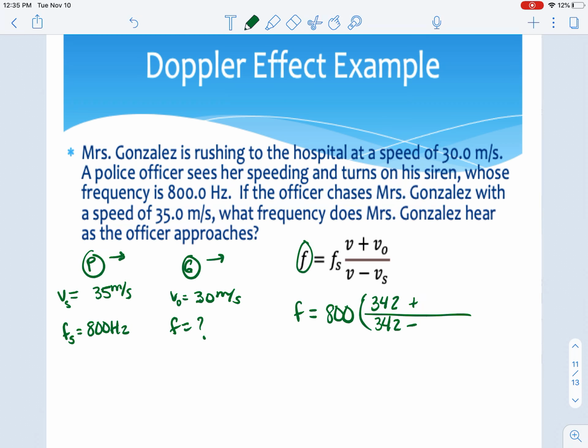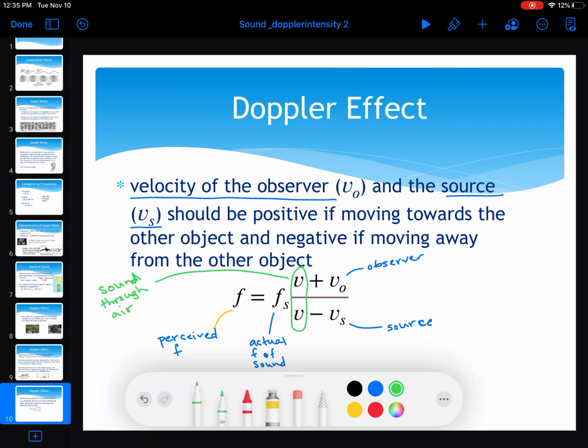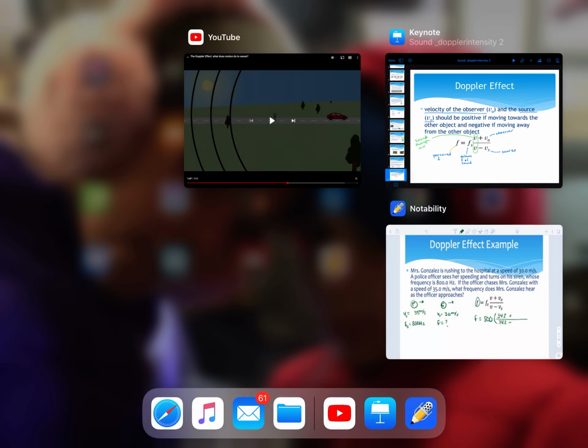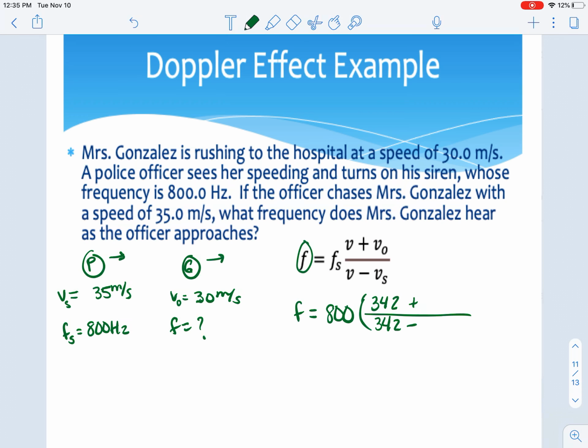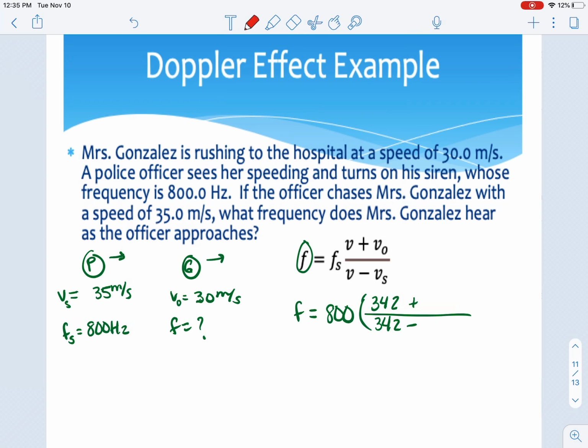And the equation says plus the velocity of the observer minus the velocity of the sound. So let's go back to our notes here. And it says that the velocity should be positive if moving towards the other object and negative if moving away. So let's talk about what that means. It says in the problem that the police officer is pursuing Miss Gonzalez.